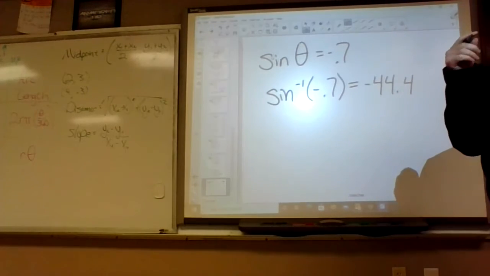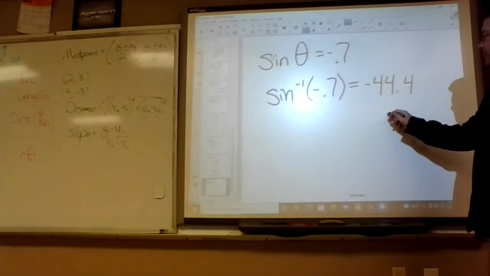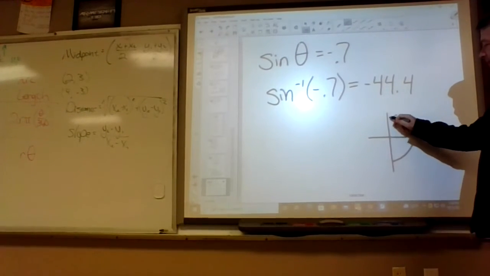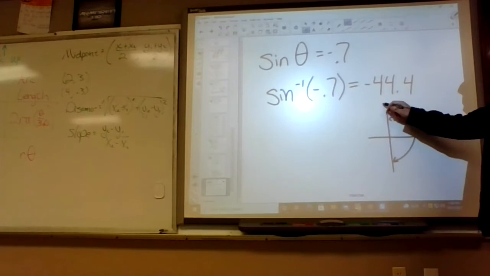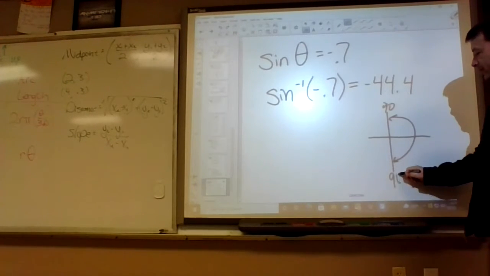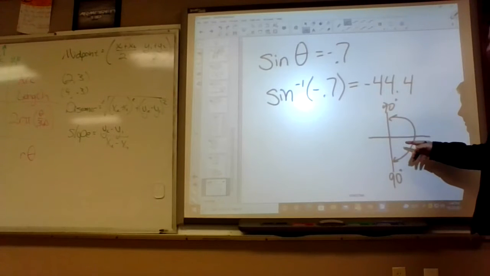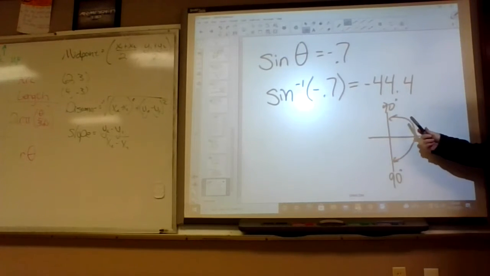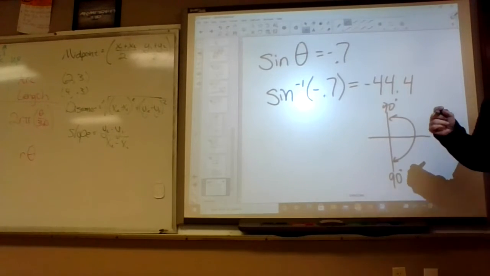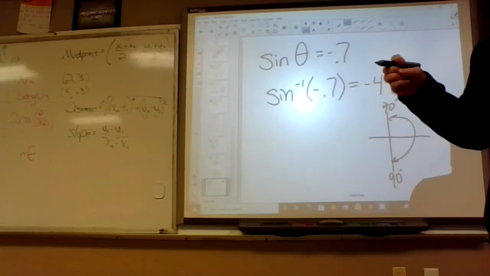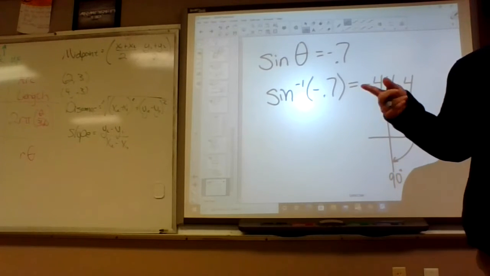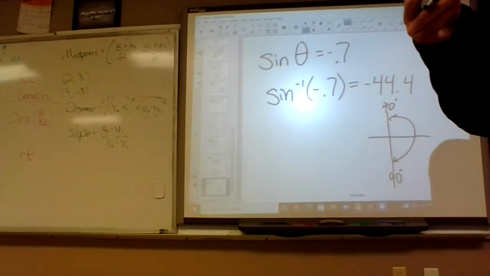Guys, this is not actually the answer. When you plug in sine inverse, it's going to give you an answer from negative 90 to 90, in this range right here, or if you're in radians, negative 1.57 to 1.57. But in the directions it says solve for theta between 0 and 360 degrees.